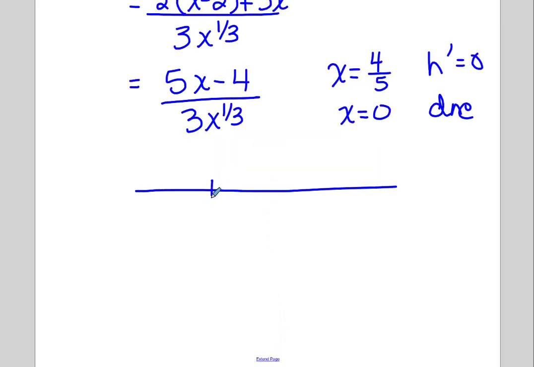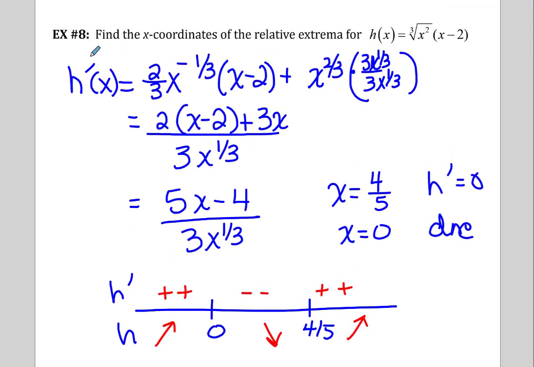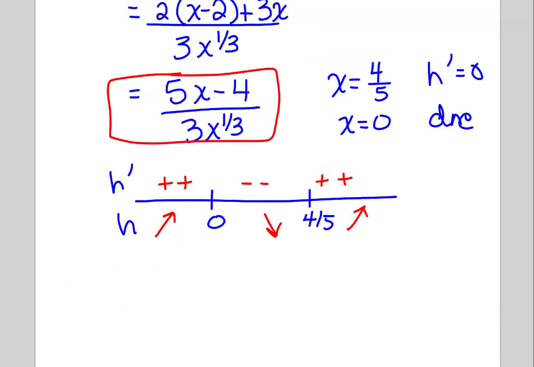So looking at the test strip, the derivative is going to be positive, negative, and positive. The function would be increasing, decreasing, and increasing. And remember, I'm plugging back into this part of the derivative for numbers in each of those intervals.